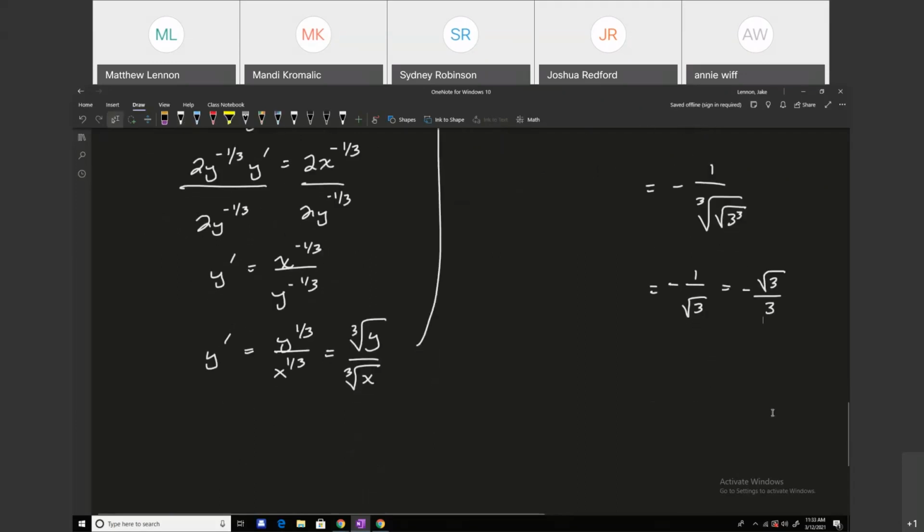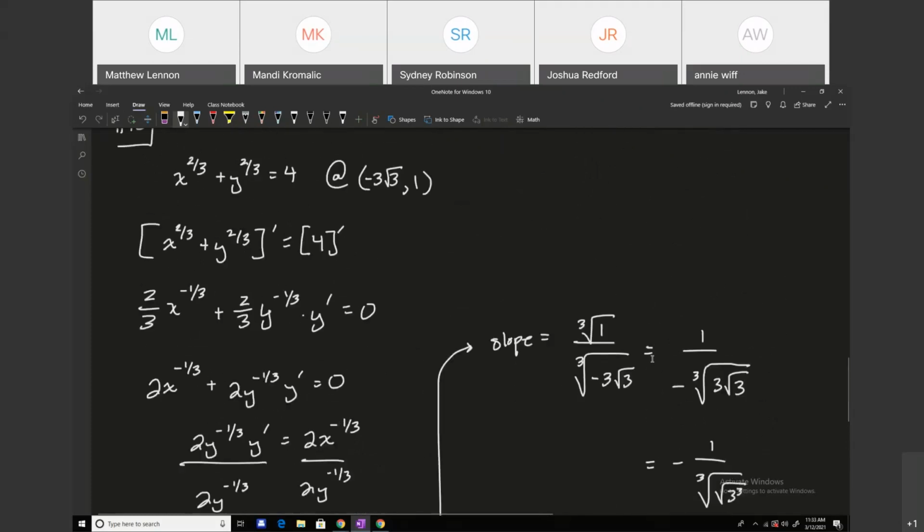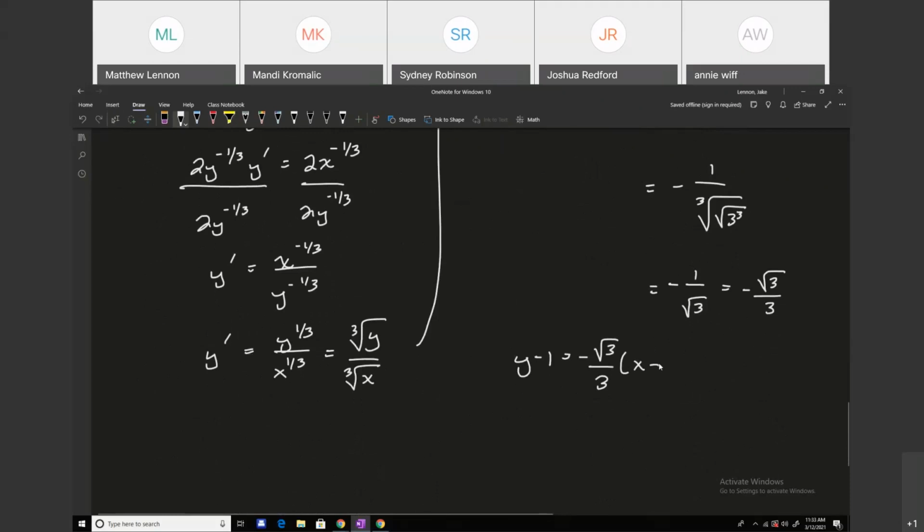Again, if you're not great with radicals, that might seem confusing, but now we just want to put it in the tangent line form. So we've got y minus 1 equals this negative root 3 over 3 times x minus negative 3 root 3, which is going to be plus, x plus 3 root 3. So, I mean, you can multiply through if you want.